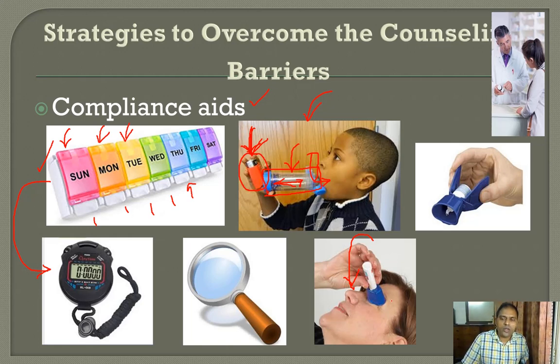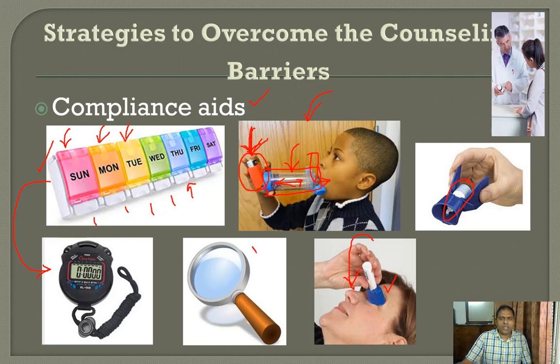So for that, you can use this eyedropper. You fix your eye drop bottle into this eyedropper and keep that around the eye, and then press the eyedropper while opening the eye, so that the drop falls exactly into the eye in that position.